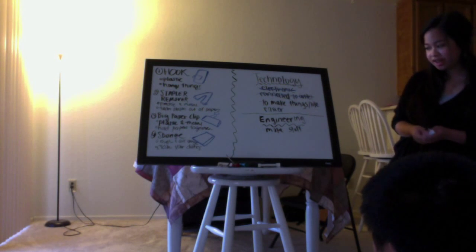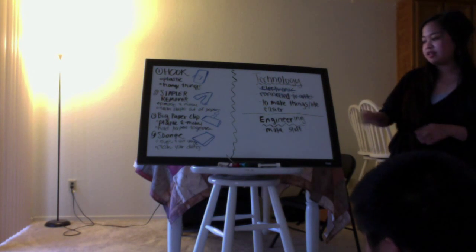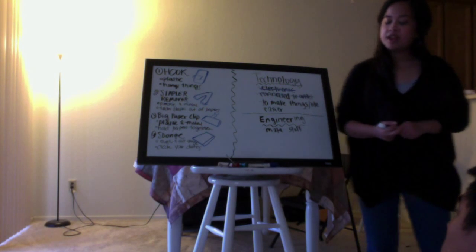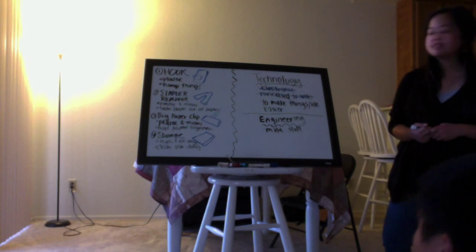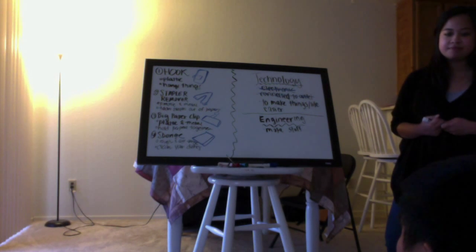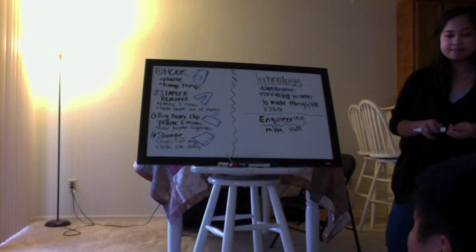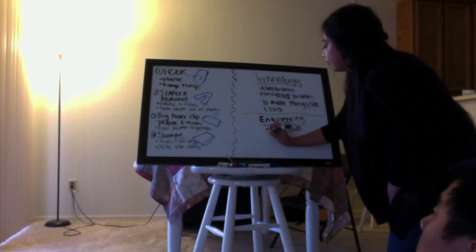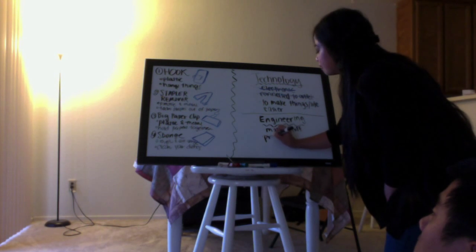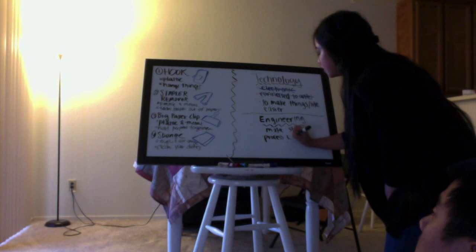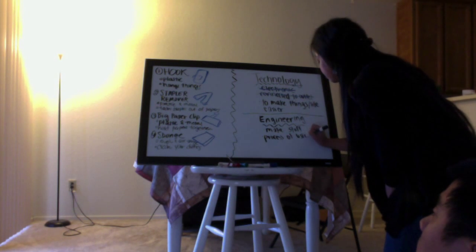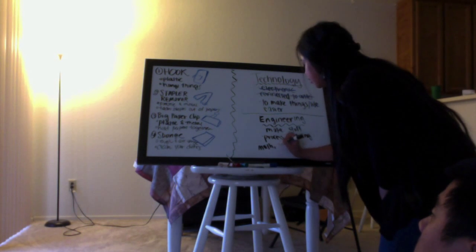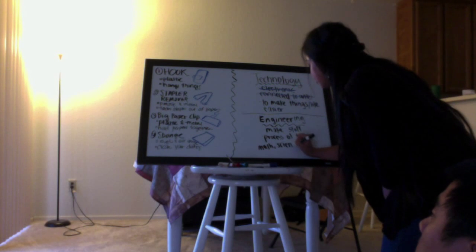And then with engineering, our first definition was to make stuff. Can we add more to make a more accurate definition of engineering? What can we add? Process of using math, science, and what else?